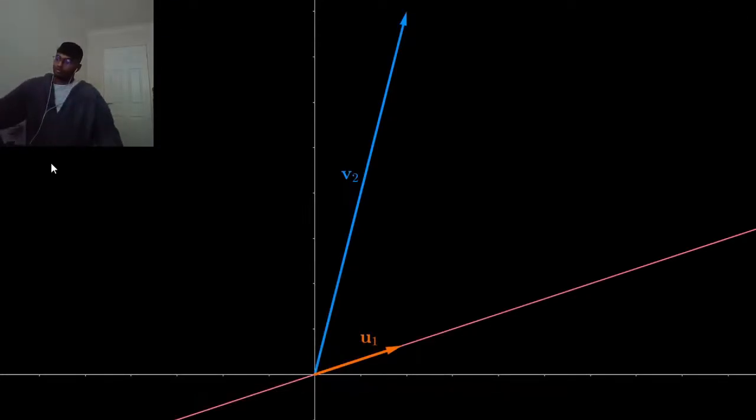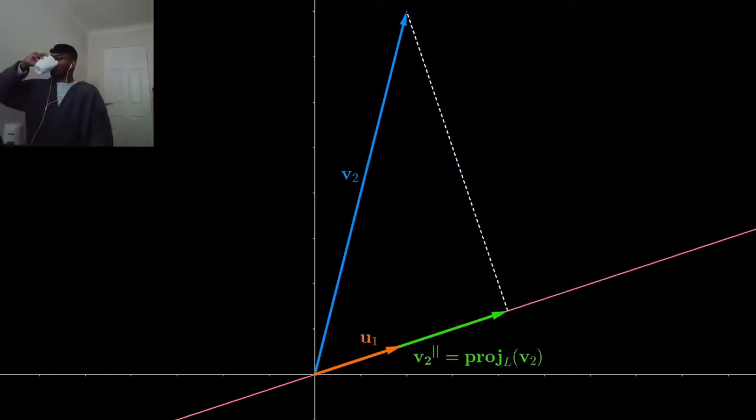We're projecting the blue vector down onto the space spanned by u1, this line here. So that would look something like this. We drop a perpendicular down, and this is geometrically what's happening. And then the projection vector looks like this. This green vector here is the projection of v2 onto the line spanned by u1.